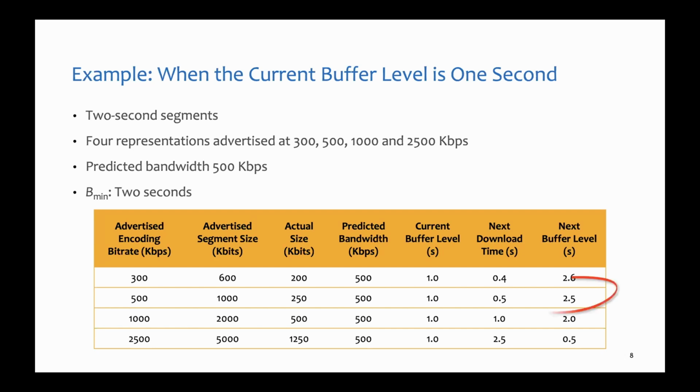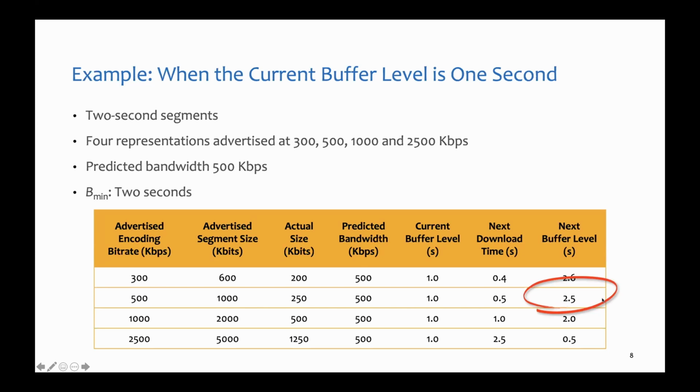Now, the rate-based algorithm doesn't have a prediction, and not only that, it doesn't know the actual sizes. It will assume that if its smoothed value is 500, it will just go with the 500 representation. In this case, it will go with this. Yes, it will download a smaller segment, so it will be able to grow its buffer.